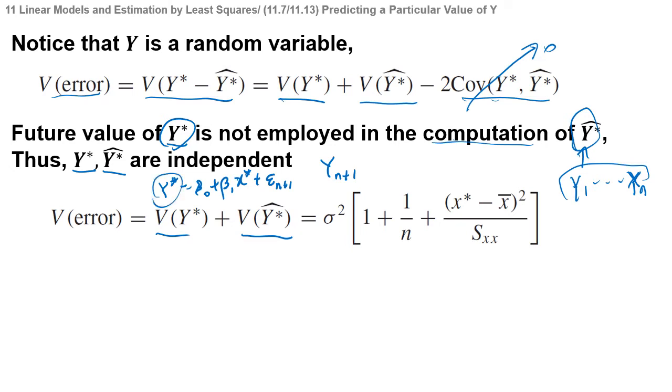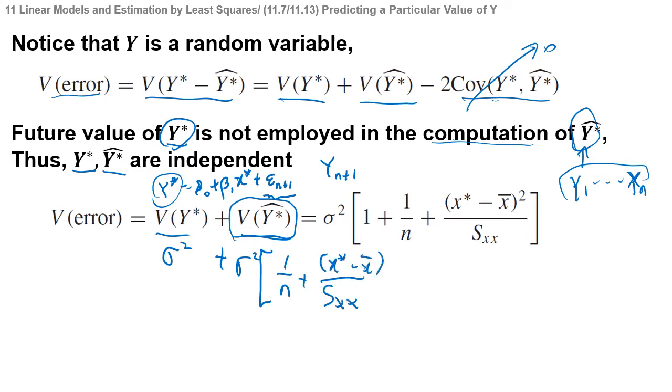And so the variation of this one is sigma squared, plus what is the variance of y star hat? We already calculated the variance at the point x star, which is sigma squared times 1 over n plus (x star minus x bar) squared over Sxx. And so the result is this one.